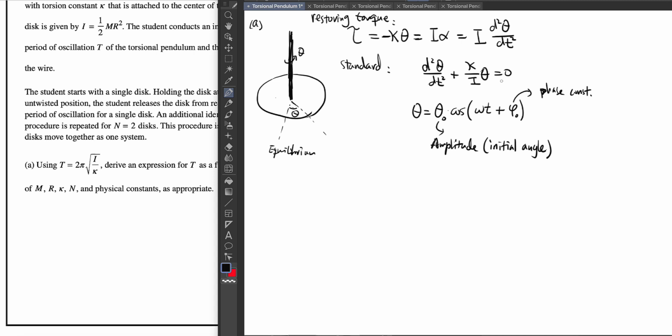All right. So now let's see. The solution here has an omega. Right. Omega is called the angular frequency.